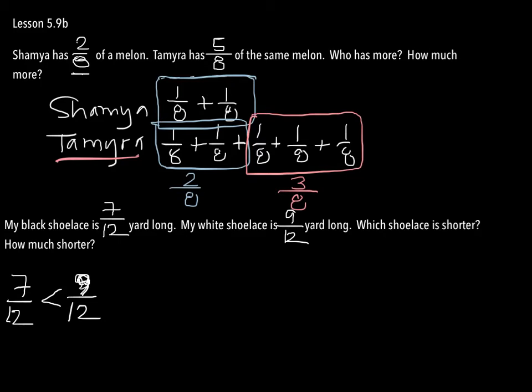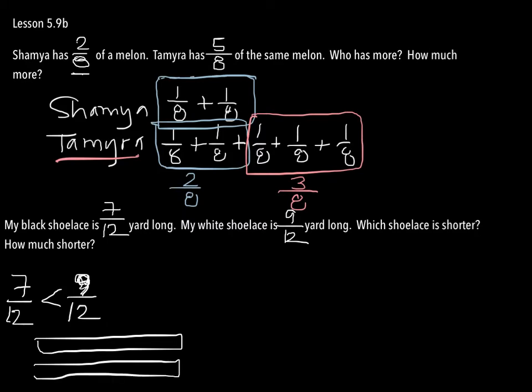If I have something that's broken into 12, that's 1, 2, 3, 4, 5, 6, 7, 8, 9, 10, 11, 12. So on one hand, I have 7, and the other one, I have 9.